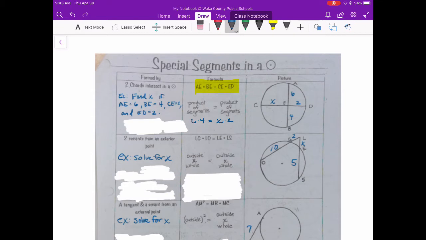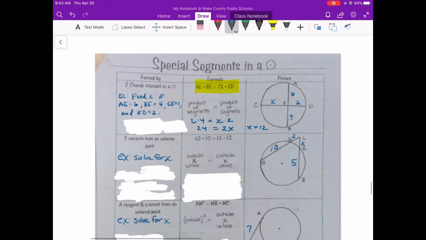They're the two parts. And then x and 2 went together because they're on the same chord and they're the two parts. So you multiply those together and solve for x. 24 is 2x. Divide both sides by 2. And x must be equal to 12. All right, that's our first scenario.